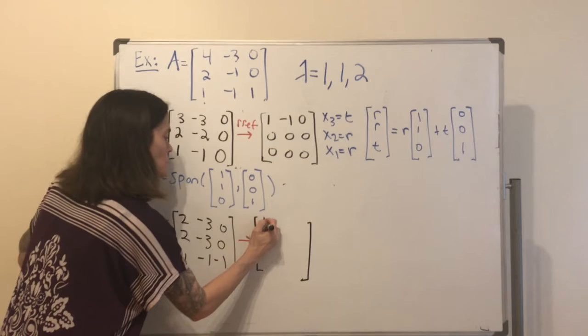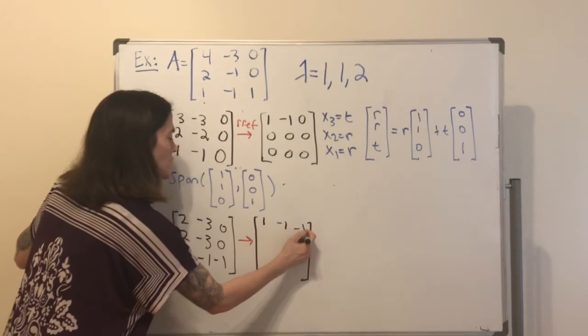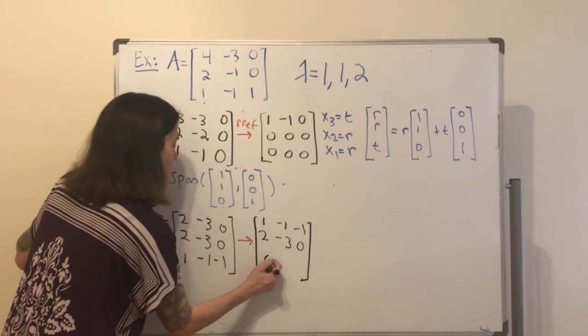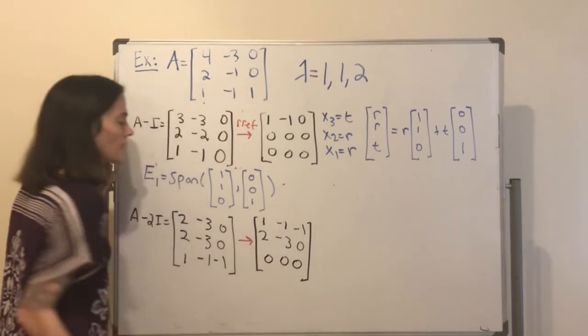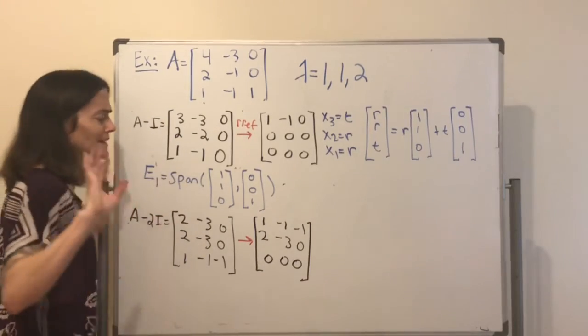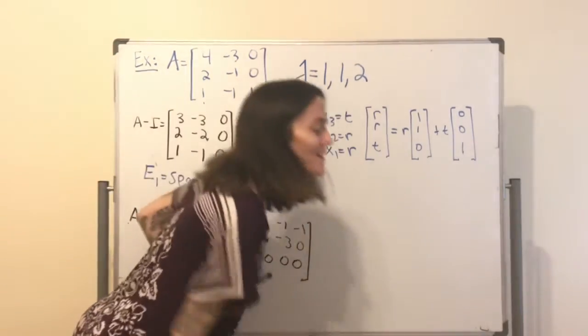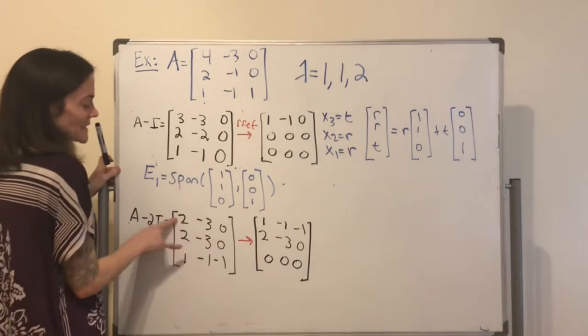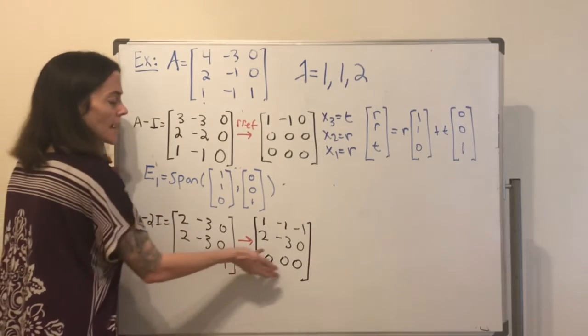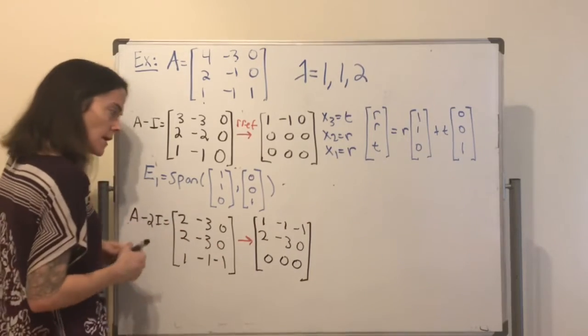I'm going to do this, 1 minus 1 minus 1, and then I will do 2 minus 3, 0. You should see what I did in these 2 steps. We've been performing row operations all semester, but I just interchanged 2 rows, and then, for instance, I see 2 of the same row, so you can subtract 1 from the other.